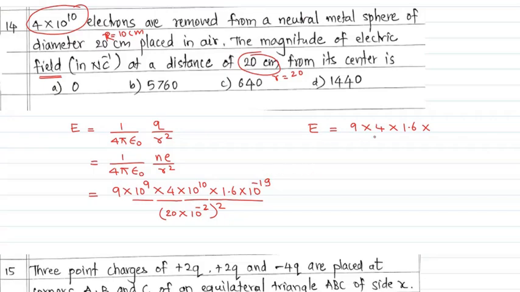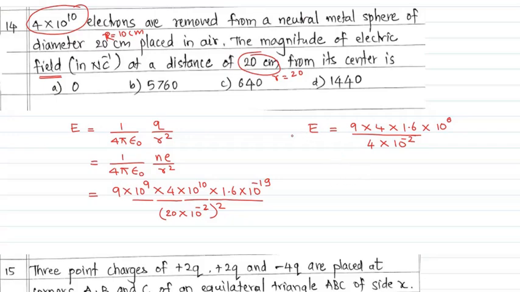Denominator, if you simplify, here I will write it as 10 raised to 0, so students will not get confused. 20 means 2 into 10 raised to minus 1, so I can write it as 4 into 10 raised to minus 2 if I square it.